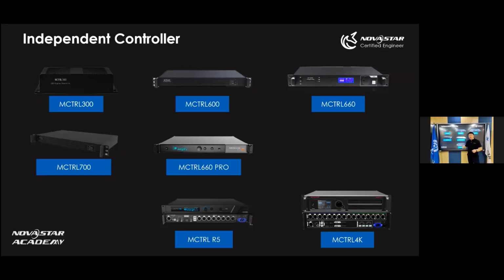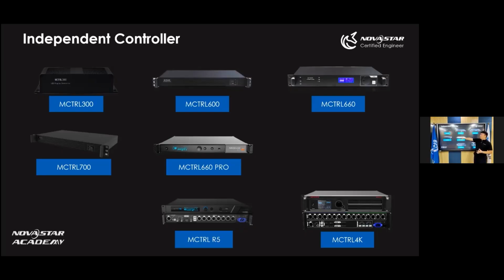And also we released new models named the M-Control 700 and M-Control 660 Pro. So later we will also talk about these two. What is the difference between the M-Control 600 and the 700, and also the difference between the 660 Pro and 660. And when the pixel pitch becomes smaller and smaller, the screen resolution has become bigger and bigger.